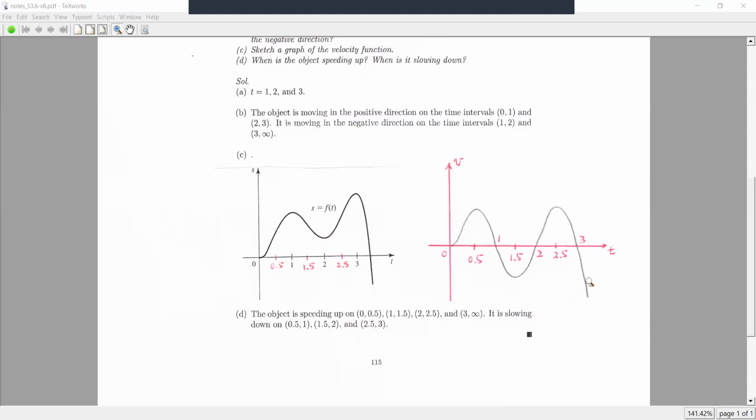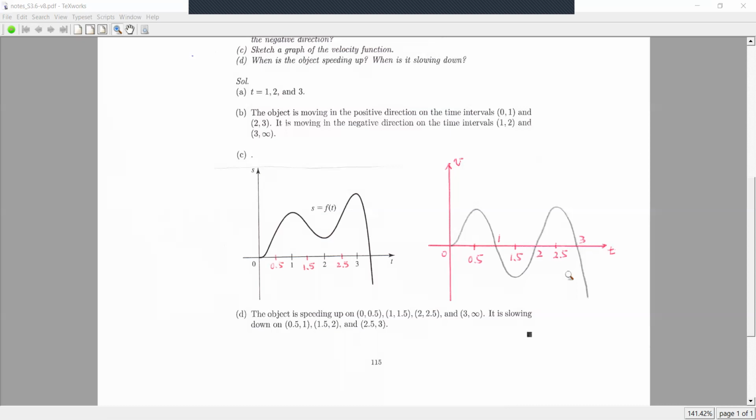Now about slowing down. From 0.5 to 1, the object is slowing down because the graph of the velocity is decreasing and is positive. So speed is decreasing. Between 1.5 and 2, the graph of the velocity is increasing and is negative.